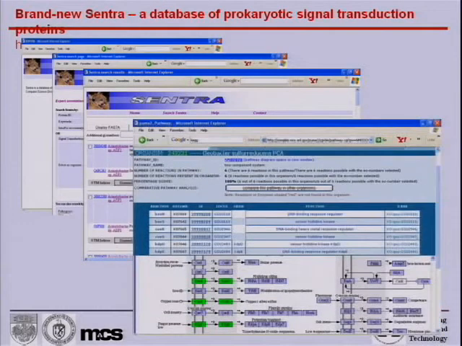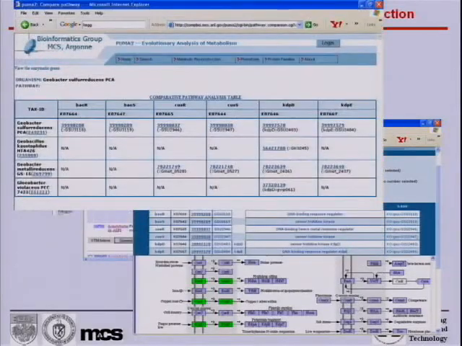It's superimposed on the pathways, and you can do comparative analysis. The signal transduction systems are like the sensors for bacteria. If they don't sense the signal, then they can't do anything about it. So if you identify what they see, you can infer their physiology to some extent.